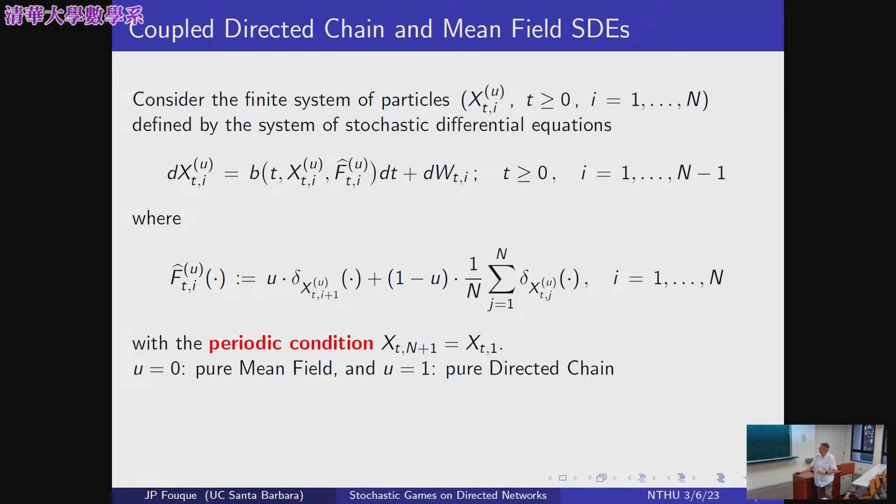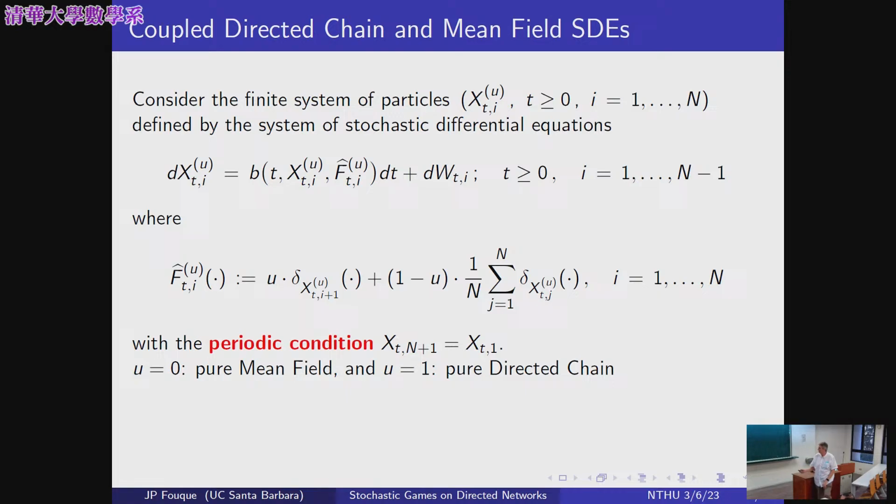Your drift is affected by the distribution, the empirical distribution of the next agent. But if u is 0, then this is fully the empirical distribution of the full system. So u equals 0 is more like the fully connected network. U equals 1 is a directed chain, and in between, for any value of u in between.